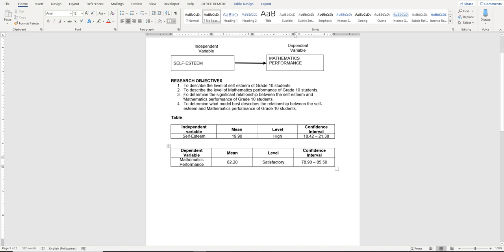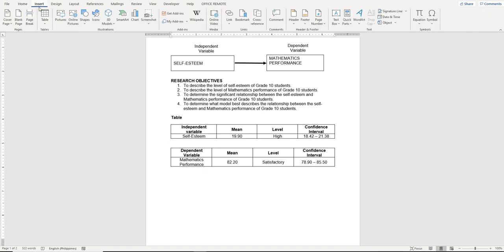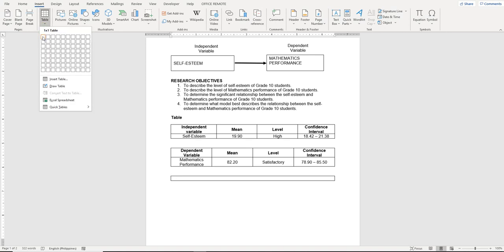Now, let's have the significant relationship between self-esteem and the mathematics performance. For the variable, we have the dependent and independent.